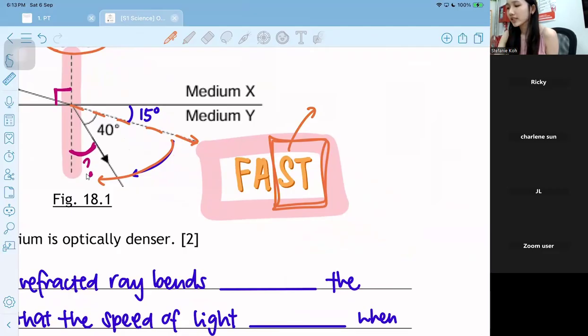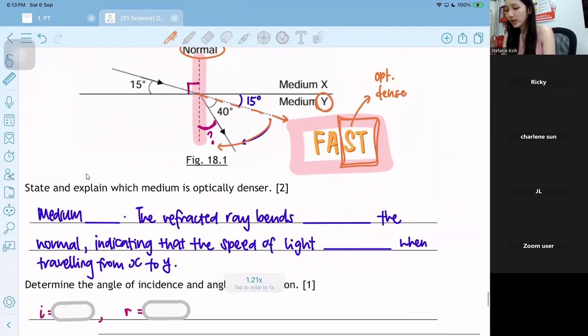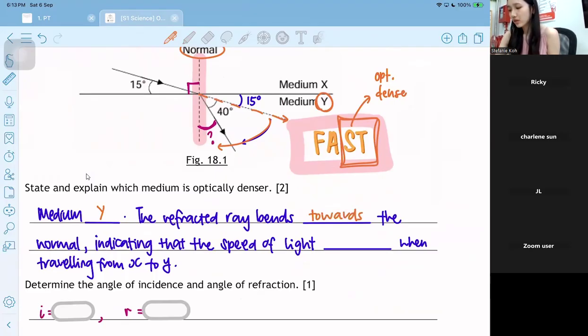Yeah, right. It's very dense, optically dense. So medium Y is causing the light to slow down and therefore bend towards the normal. Medium Y is the optically denser one. Speed of light decreased when traveling from X into Y. It slowed down, so it is optically denser.